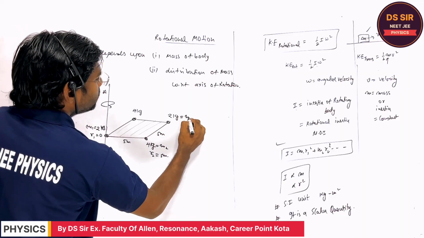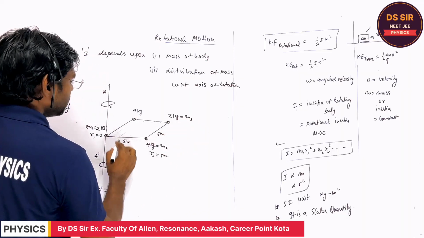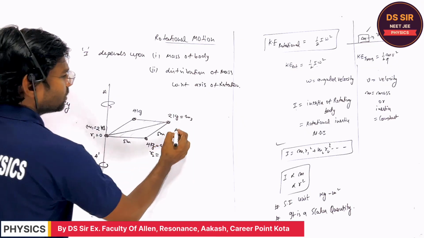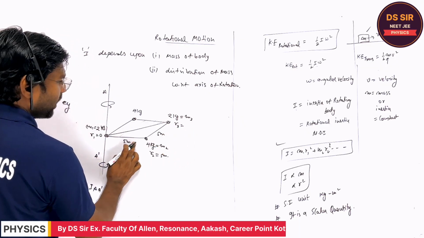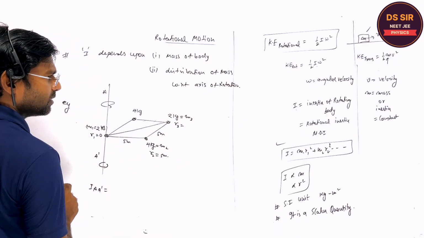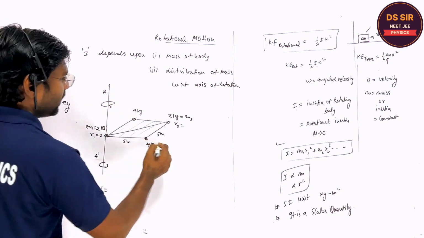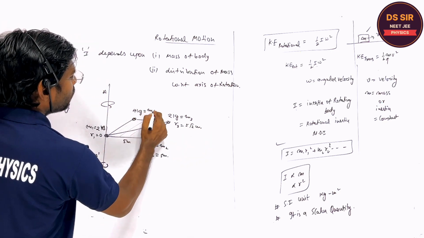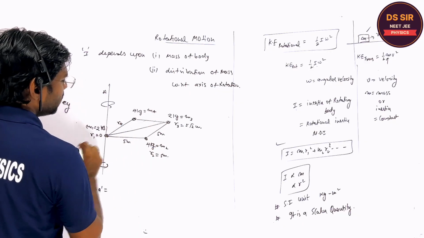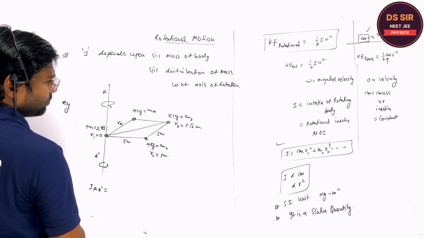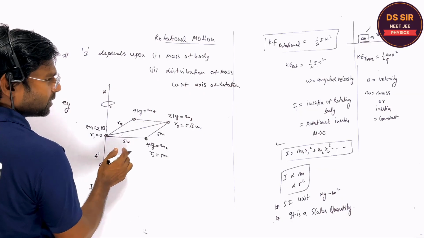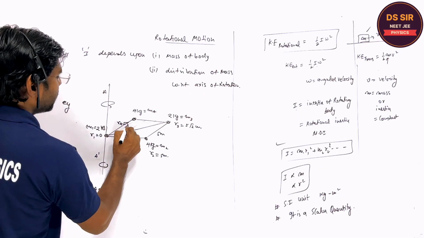If I assume this is the M3, what is the distance of this point mass from the axis of rotation? If it is 5 meter, what is that? 5 root 2 meter. And if I assume this is the M4, what is the distance for this point mass? 5 meter, right?